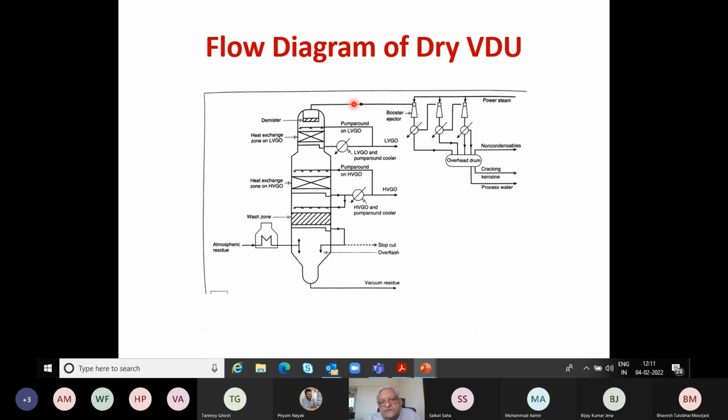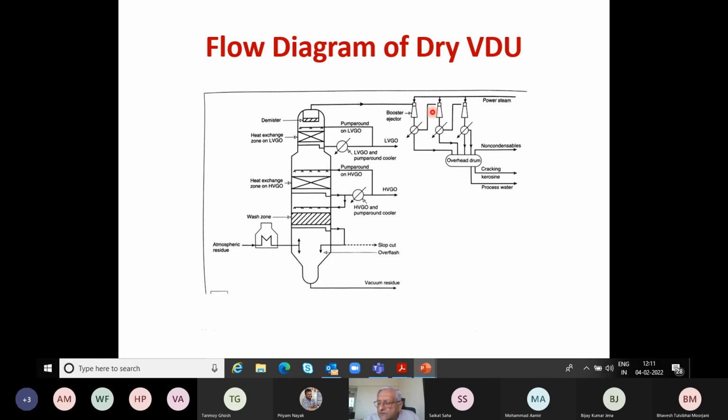It is just a stream which contains non-condensable gases like dissolved oxygen, dissolved nitrogen, or gases which get formed due to cracking in the furnace. Because now we are going up to 415 degrees Celsius, so there will be some cracking of the hydrocarbon. So those cracked gases, which are basically C1, C2, C3, C4, come to the top.